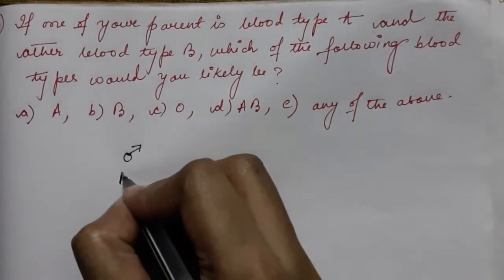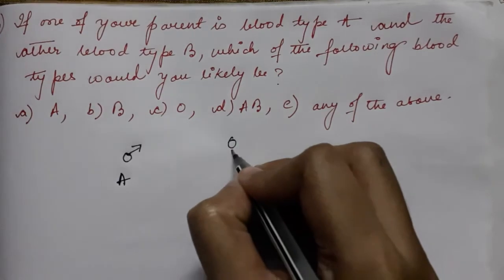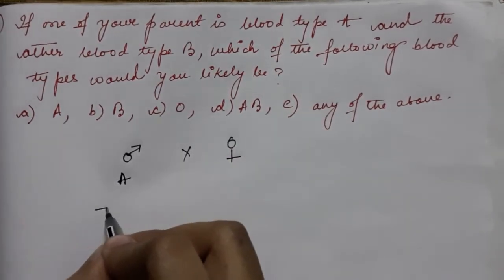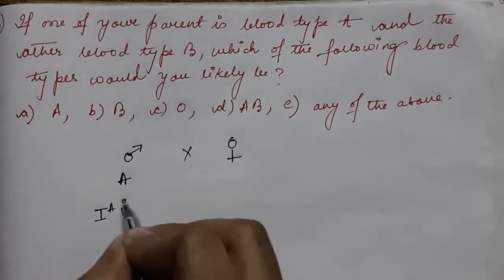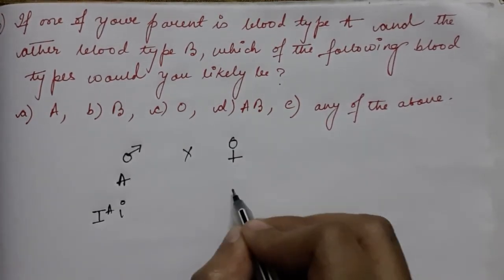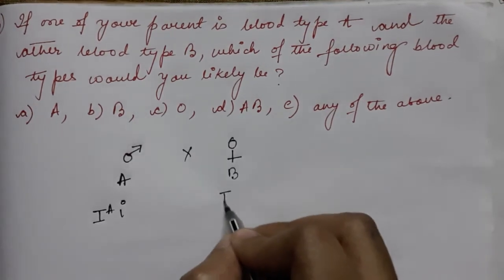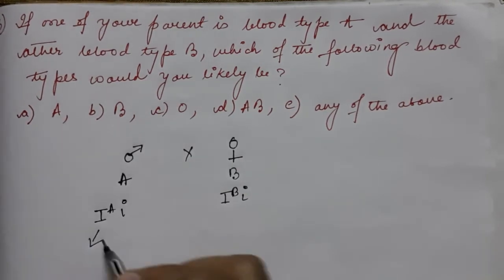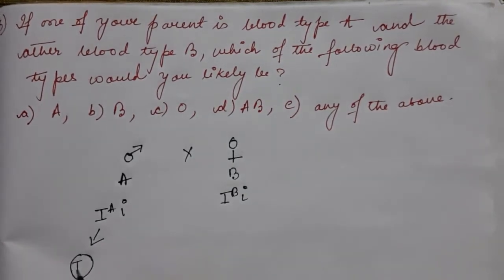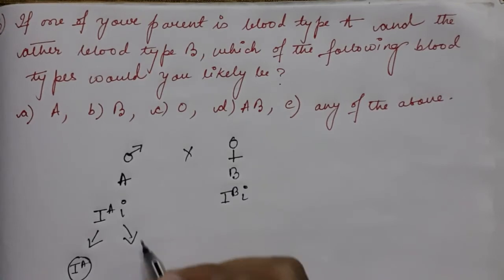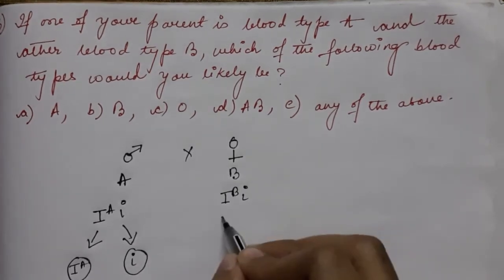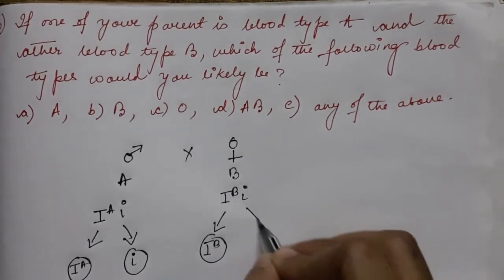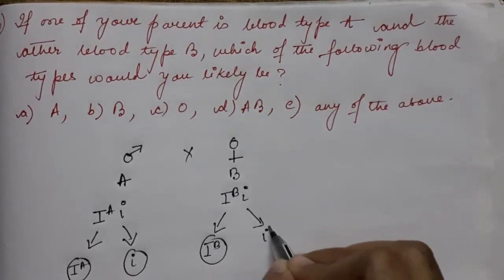So if male is blood type A and female is blood type B, now the genotype they will be having is IA i because it is a heterozygous condition, and here also IB i. Now their gametes will contain only one allele, that is IA and small i, and here also IB and small i.